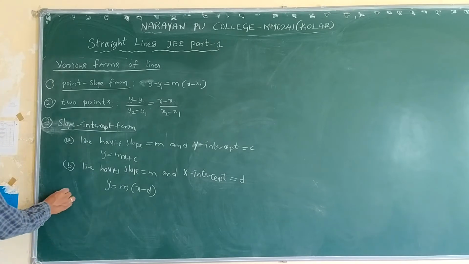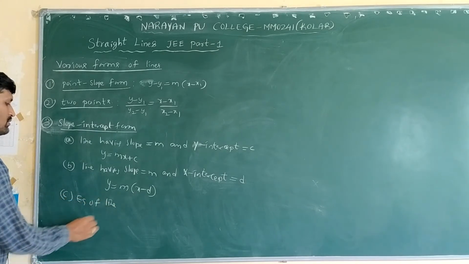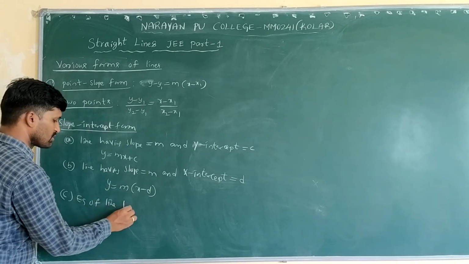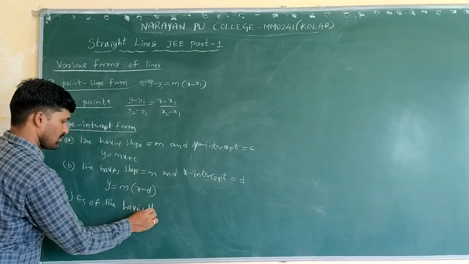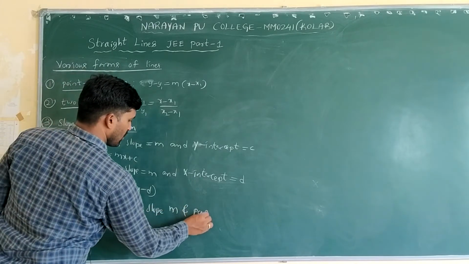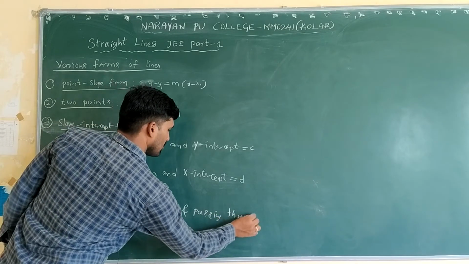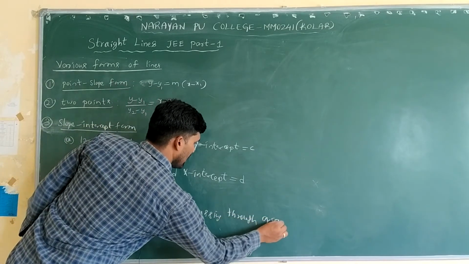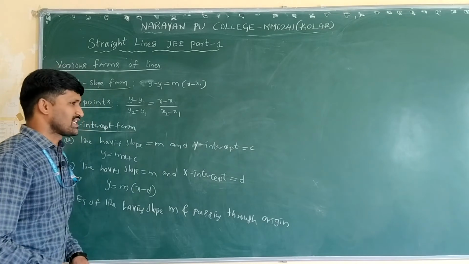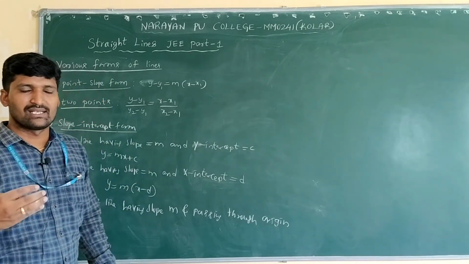Next, similarly, equation of line having slope m and passing through the origin. When this line passes through the origin, it does not cut the x-axis or y-axis other than at the origin.